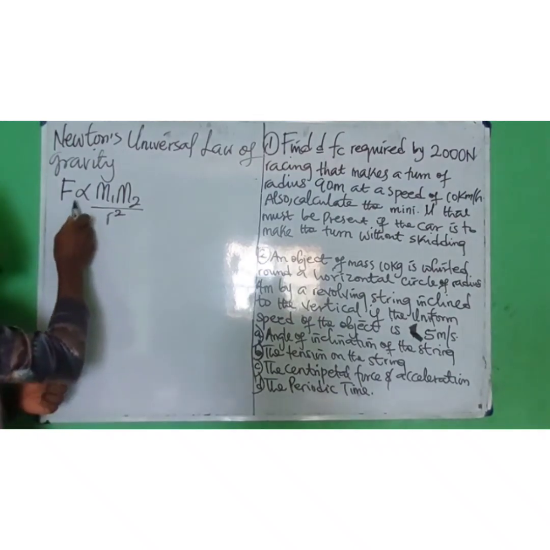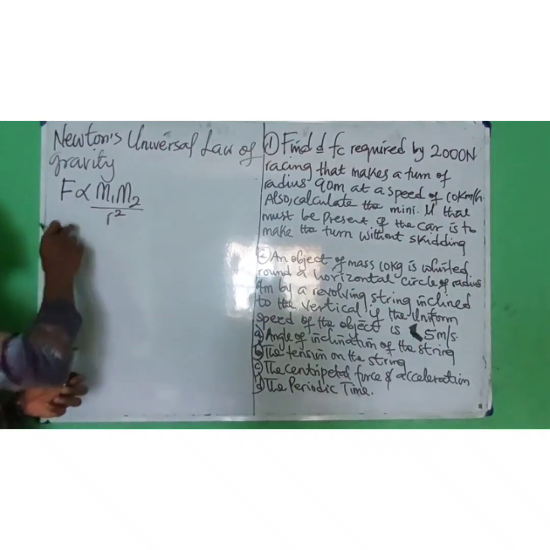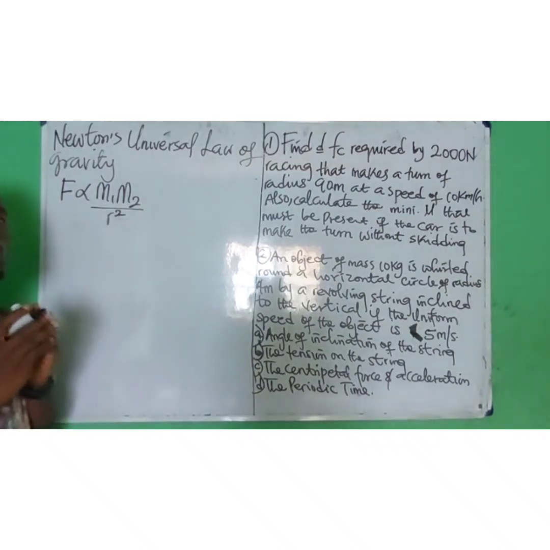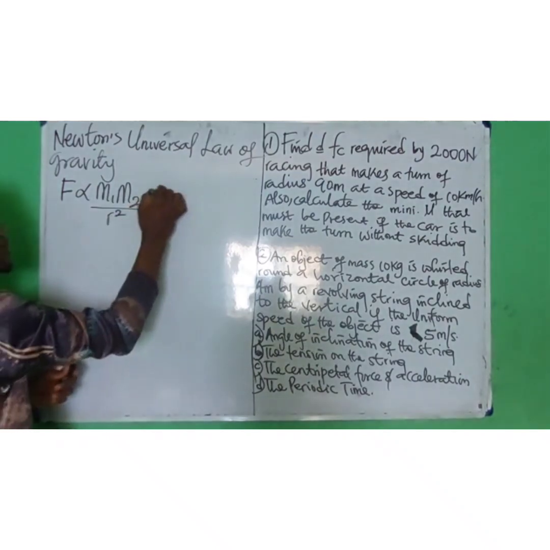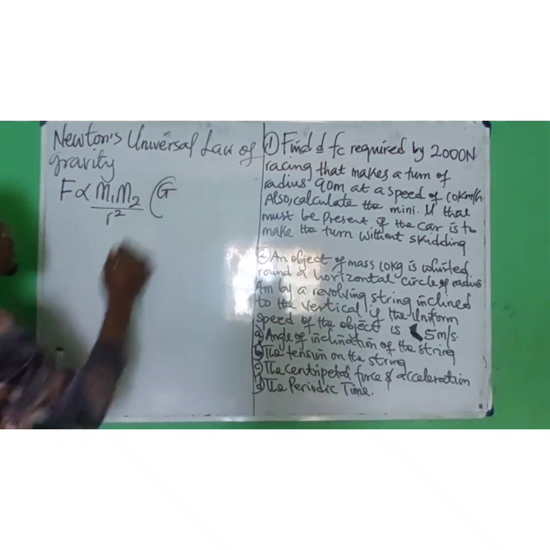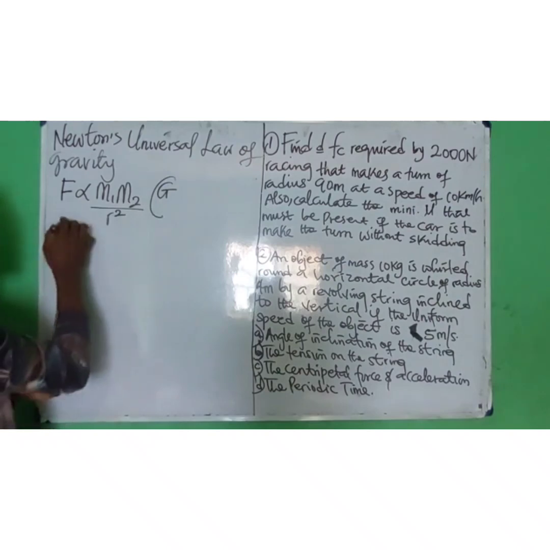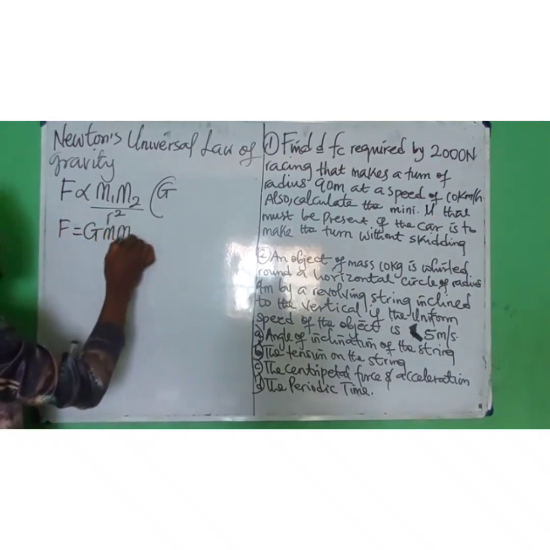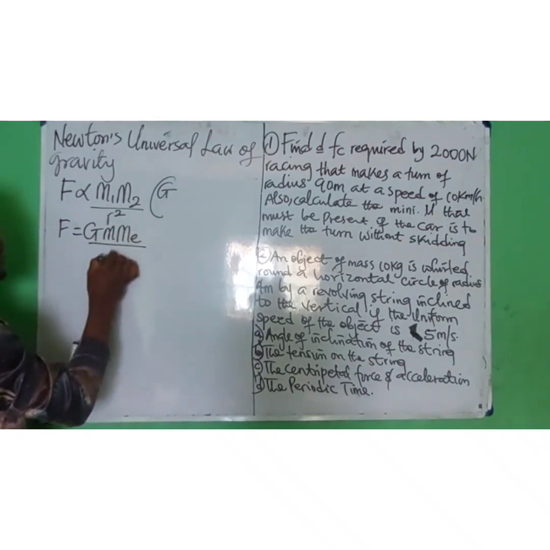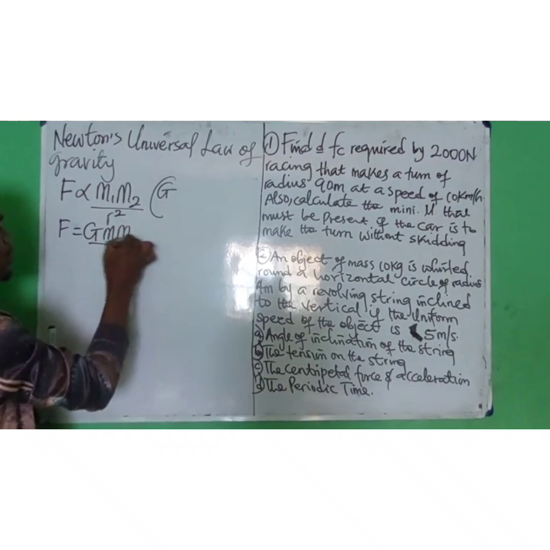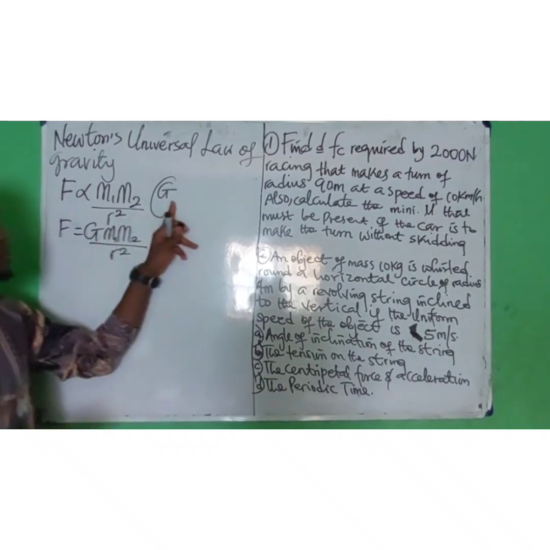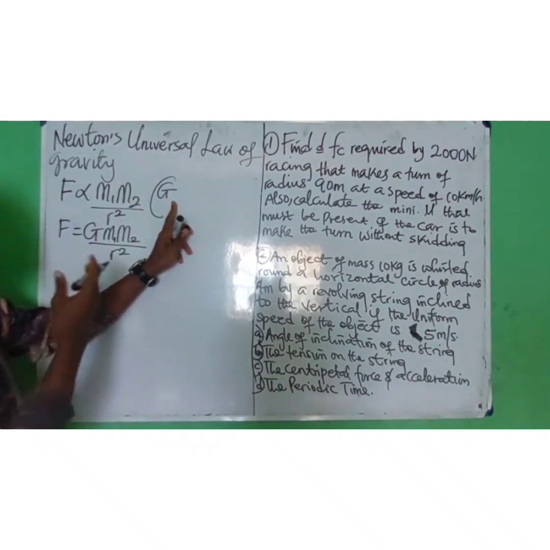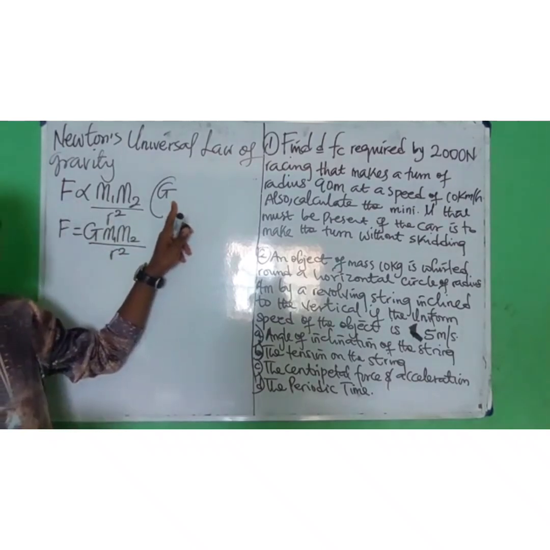Now, if I eliminate this proportionality sign, I will have to introduce a constant, and that constant is G and not K. If I do that, I'll have F equals G m1 m2 over R squared. G is called Newton's universal constant.